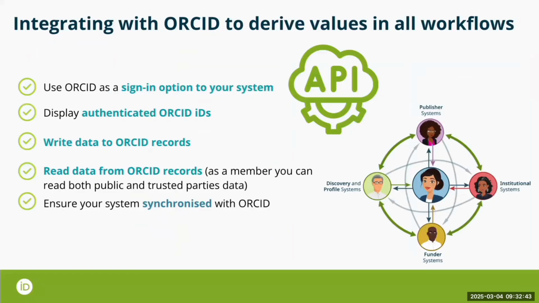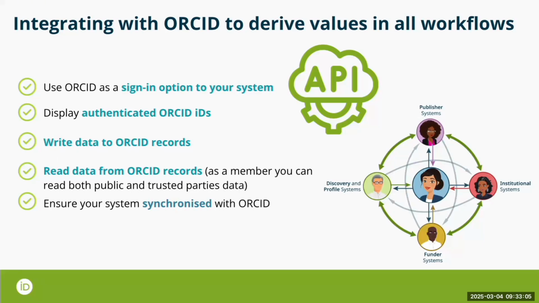Yeah, and just to quickly go through the integration part, the API part. I'm going to go quickly because I don't think we will go into technical details. As you may often hear about ORCID integration, that basically means your system interacts with ORCID via our API. So these are the best practices.